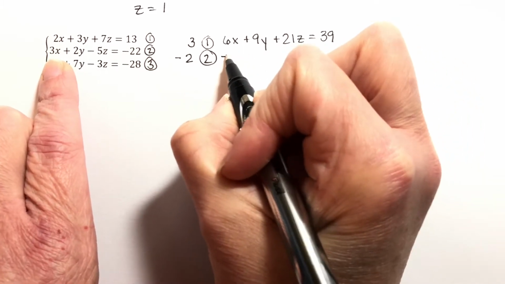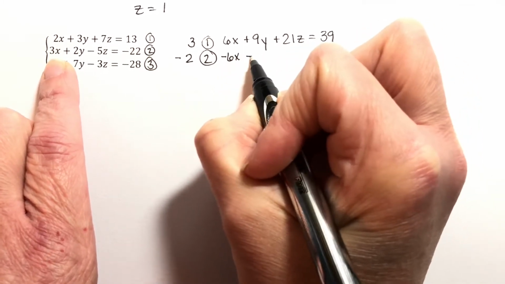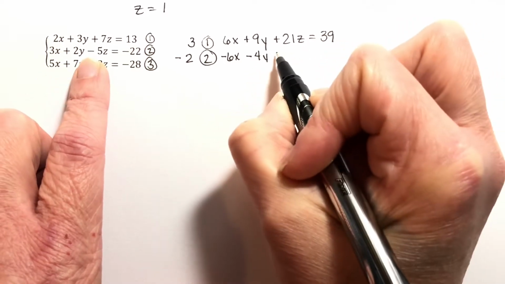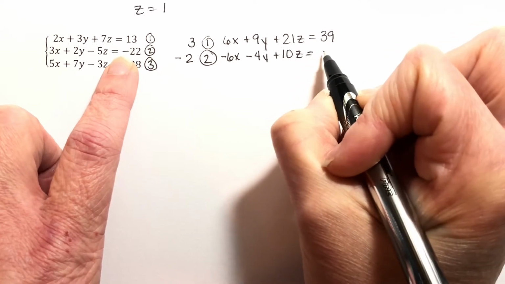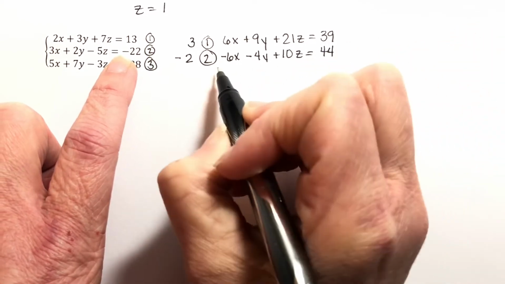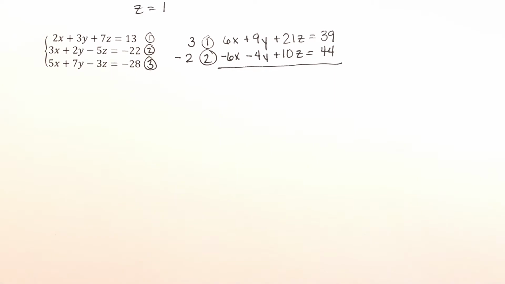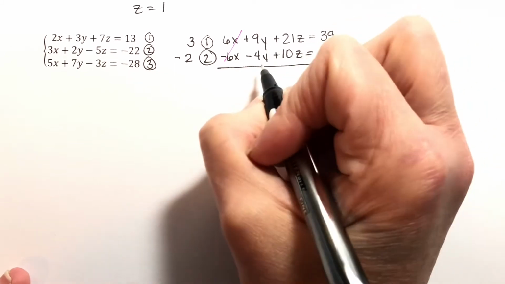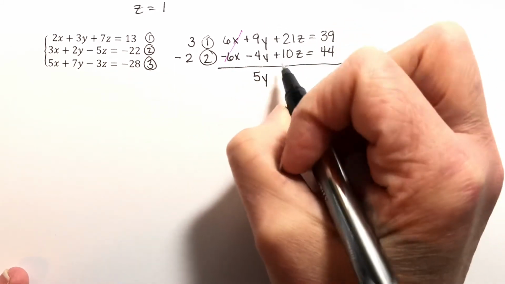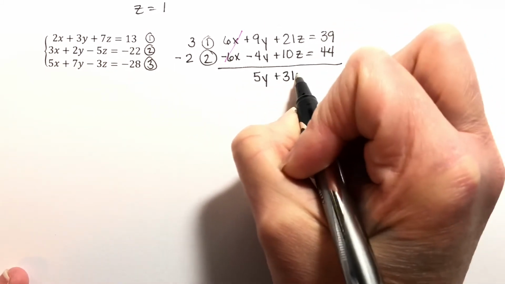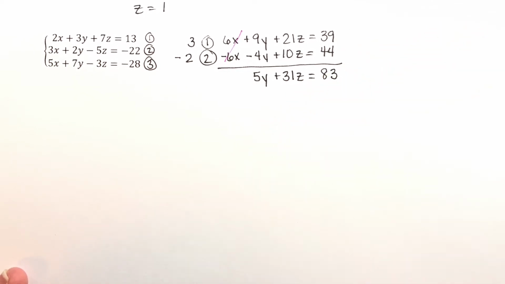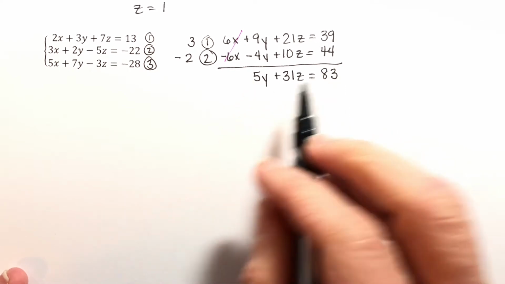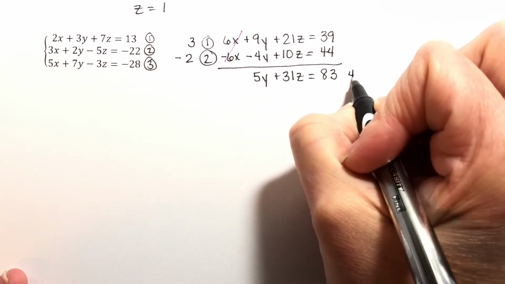That will give me negative 6x minus 4y plus 10z is equal to positive 44. Now combine, the x's go away as we designed, and we have 5y plus 31z is equal to 83. We need this equation, but we're not ready to use it. This is my equation number 4.